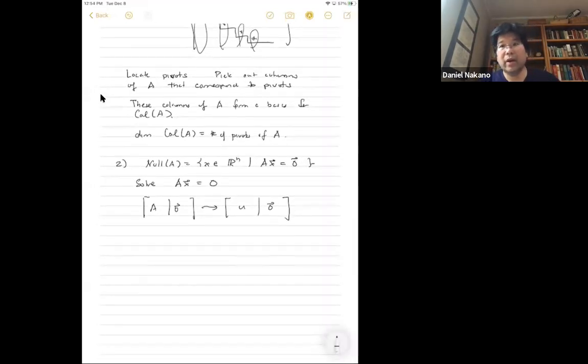And then you get your solution set as maybe S1 times X1 plus S2 times X2 plus, let's say, S sub R times X sub R, where S1, S2, and the SRs are free variables.